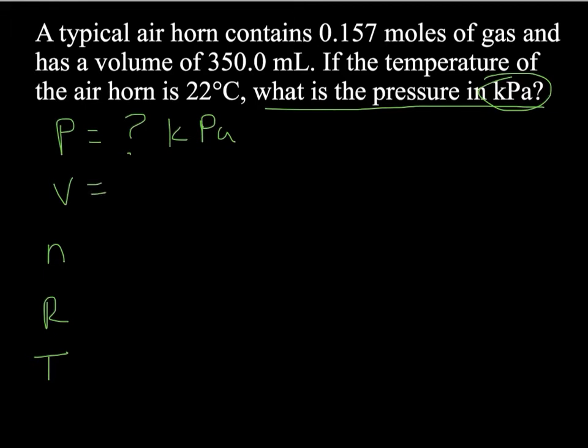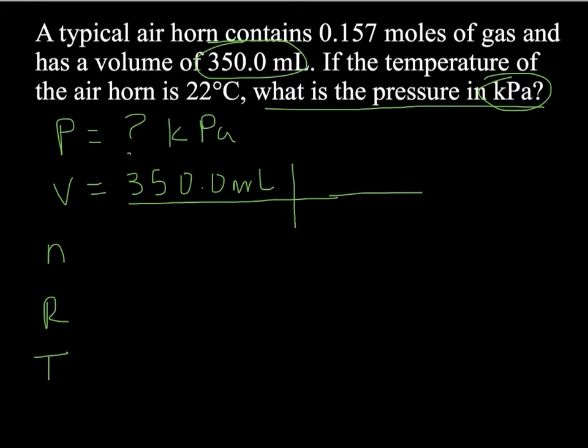Our volume here is 350.0 milliliters, and if you take a look at the units in your R value, you'll notice we have to change this to liters. I know there's 1,000 milliliters in 1 liter, so the volume I'm going to use is 0.3500 liters.